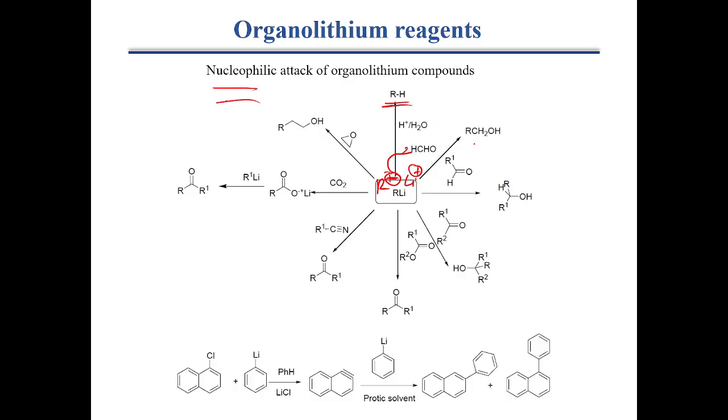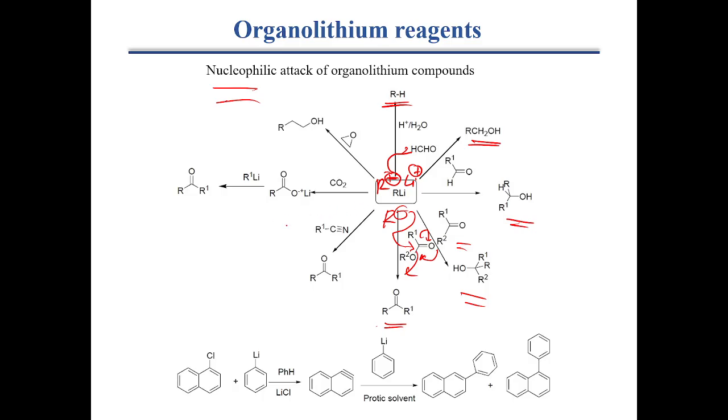In presence of formaldehyde, an RCH2OH alcohol is formed. In presence of aldehyde, it will form this secondary alcohol. In presence of ketone, it forms a tertiary alcohol. In presence of ester, R minus reacts with the ester, it will go this way and the OR group will leave. So this will form a ketone.